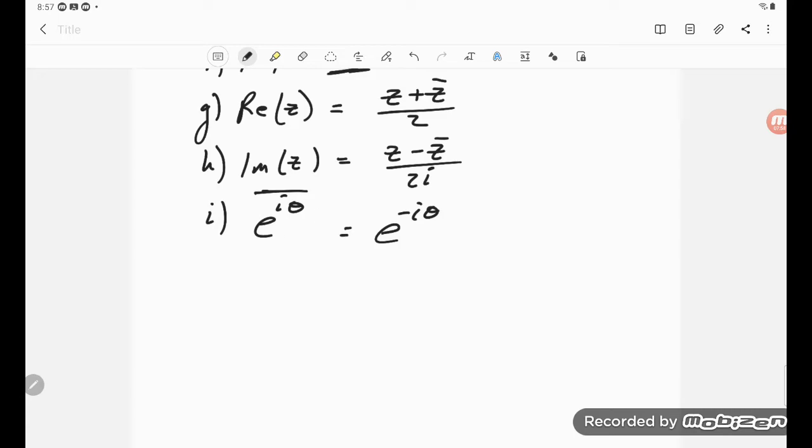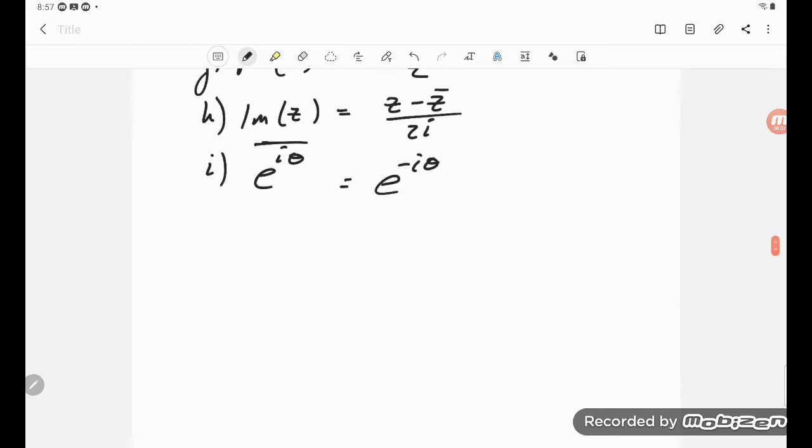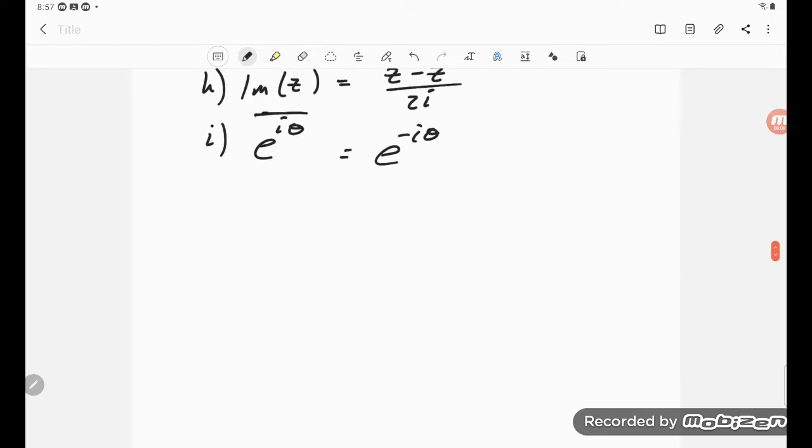So if you're using your polar notation, then you can get a conjugate simply by taking the negative theta.